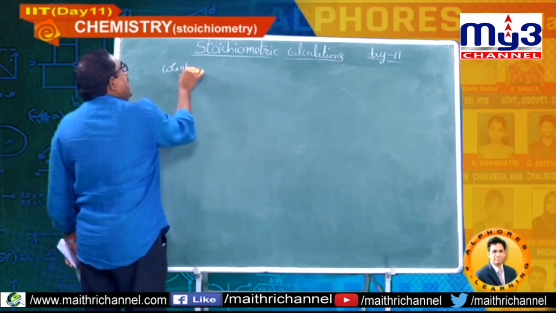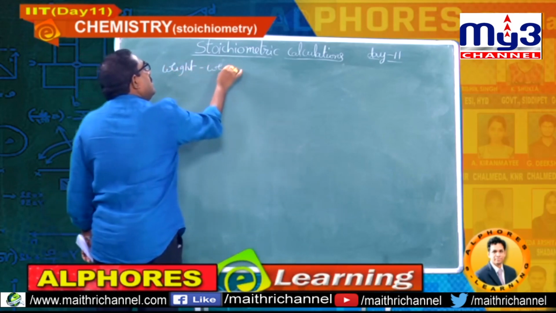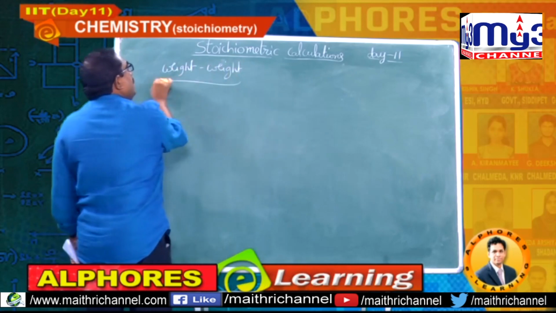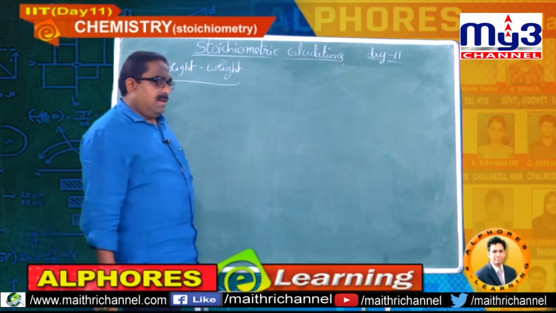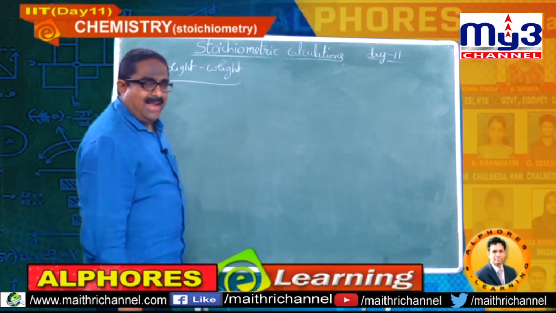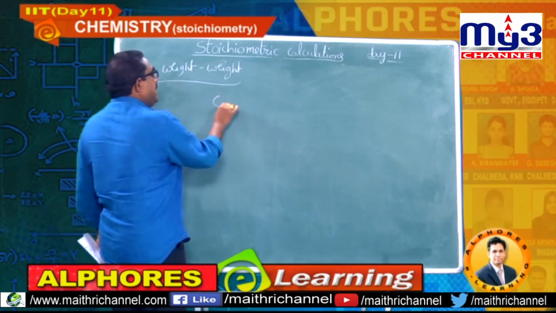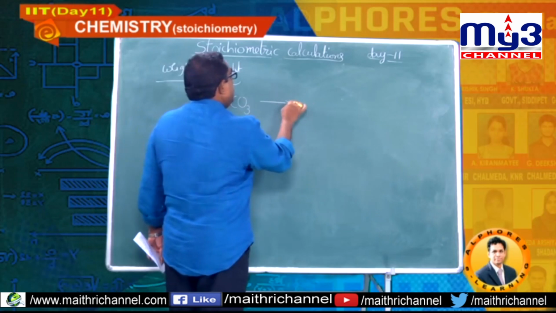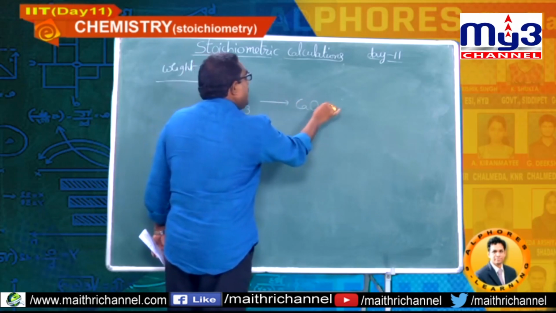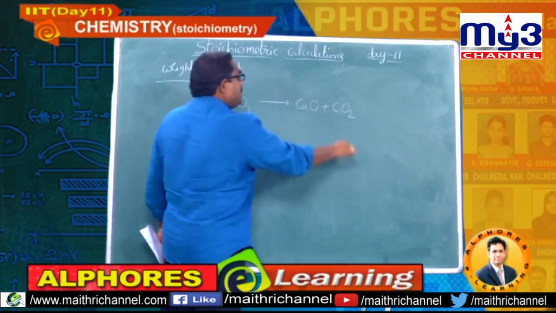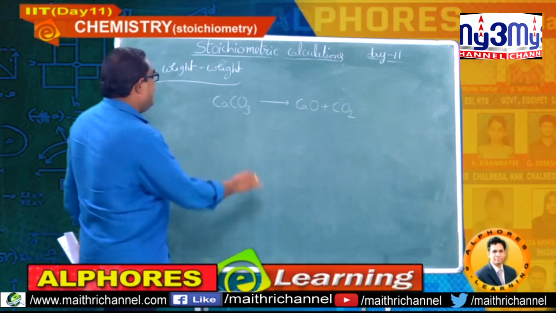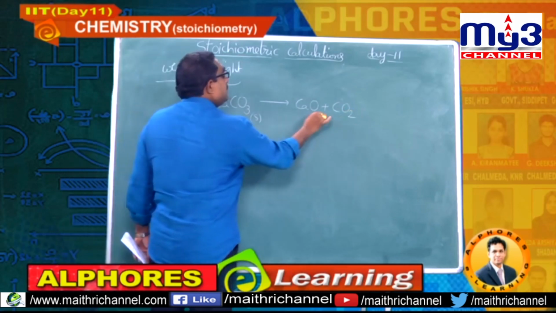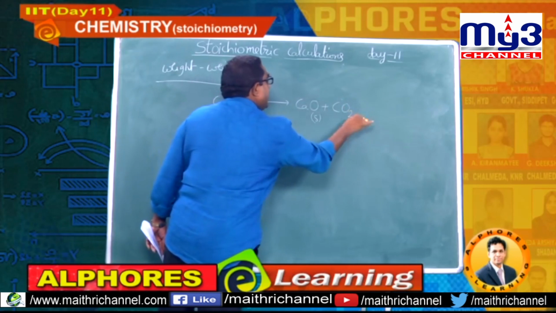First let me explain weight calculations by taking a balanced chemical equation. A simple equation I will take. Calcium carbonate on decomposition gives calcium oxide and carbon dioxide, and we know carbon dioxide is gas.